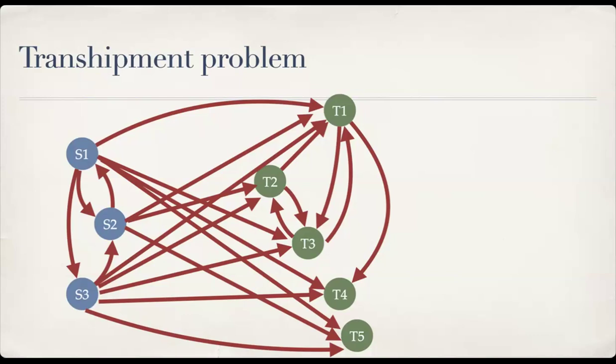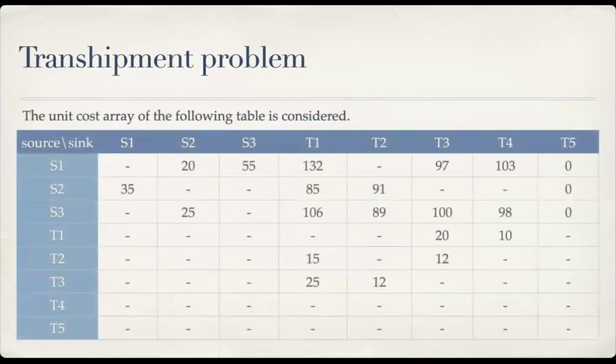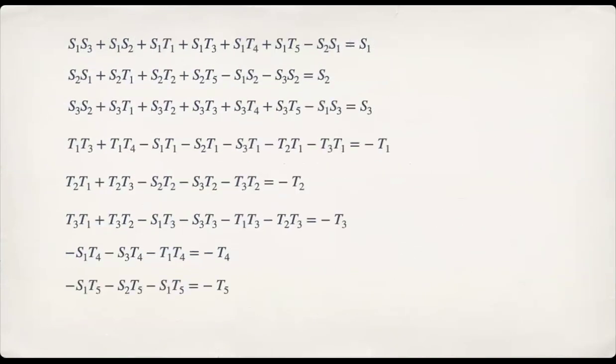You subtract incoming from outgoing, and it must equal the total production of S1. Then you consider each node.